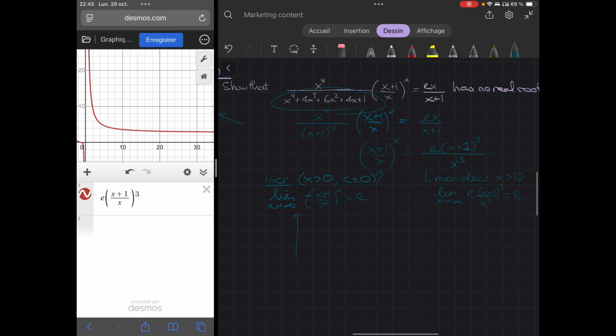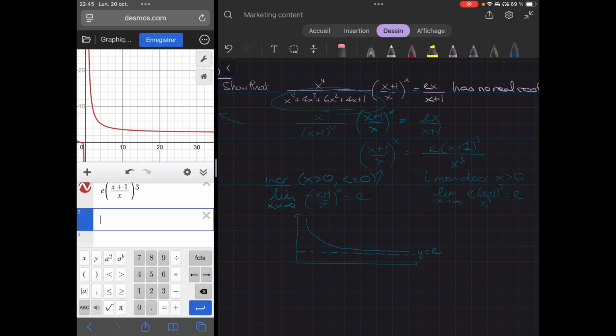So we have one function that is decreasing until it reaches the horizontal asymptote. Another function is increasing. So, just for your reference, let's also graph this guy.